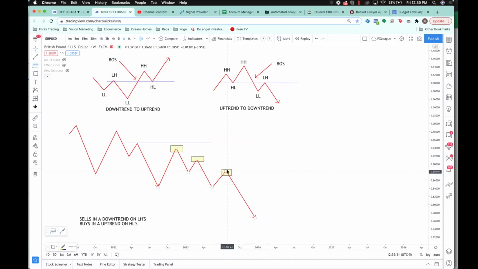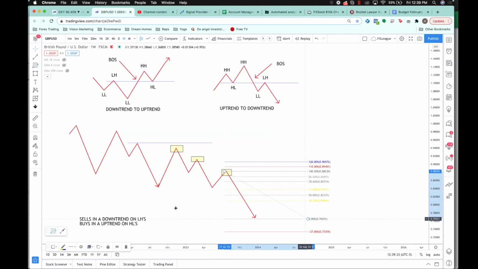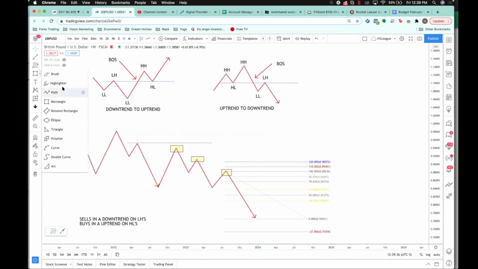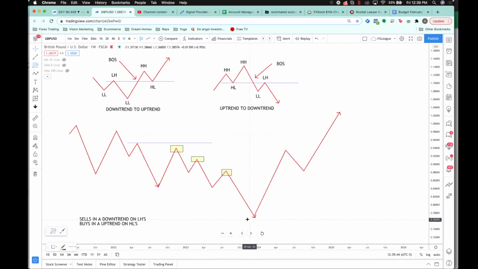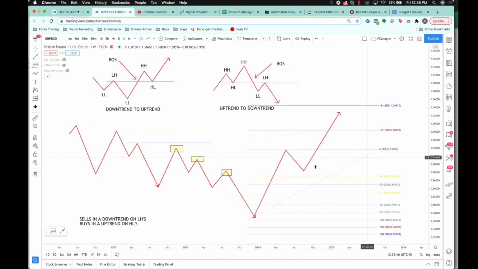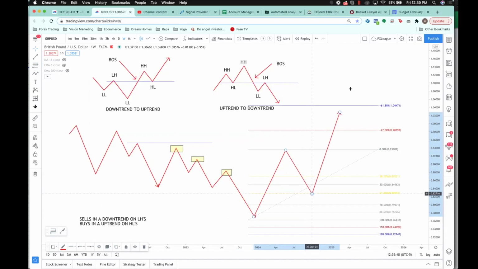We refib, and then all of a sudden, price for whatever reason pushes up, breaks trend, flies to the upside. First thing we're doing, refib, waiting for price to hit one of our levels.